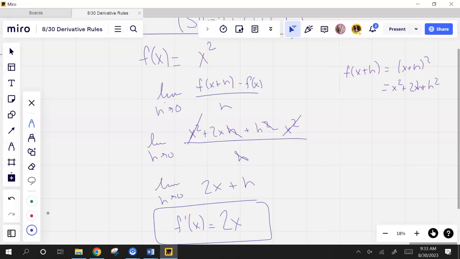I'm going to FOIL it out. So this is handy, right? Because if I said, what's the derivative at 3? Well, you could just plug into the f prime that's already there and say, oh, that's 6. What is the derivative at -2? Oh, well, right? 2x plus 0. I can't plug in a 0 for h until the 0 is out of the denominator.